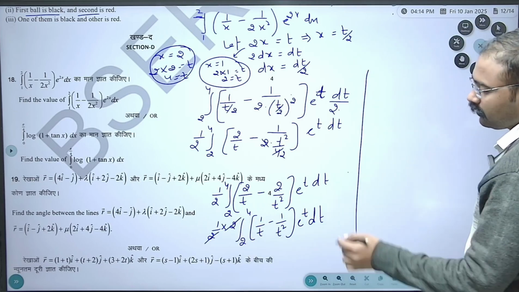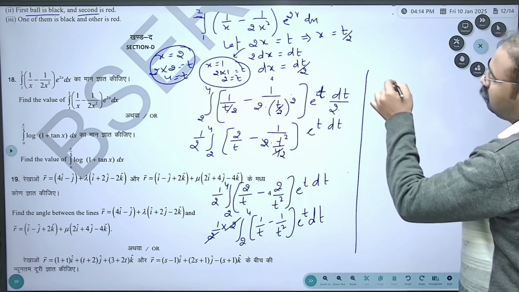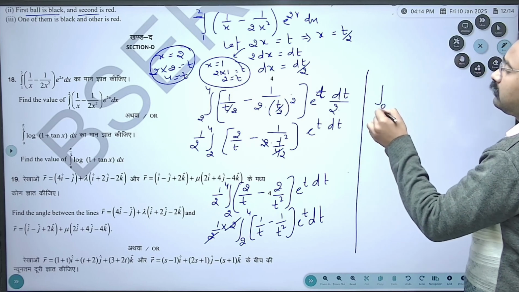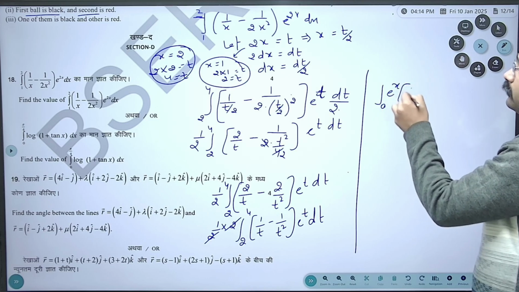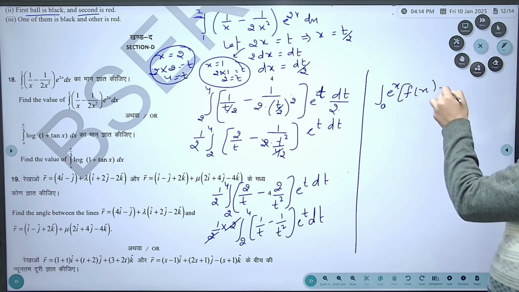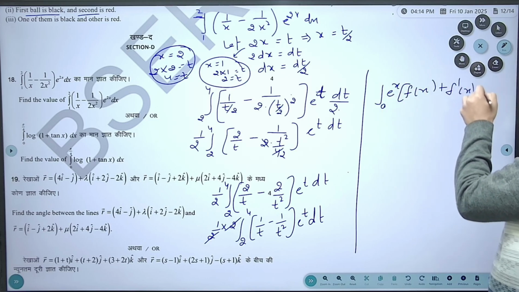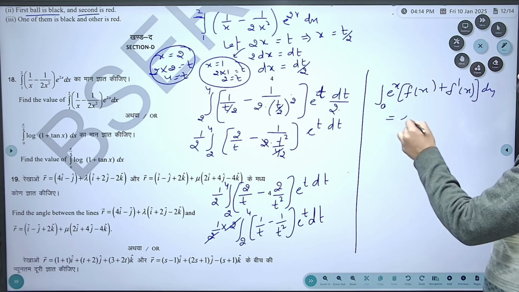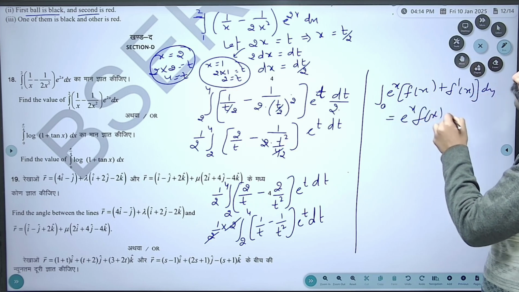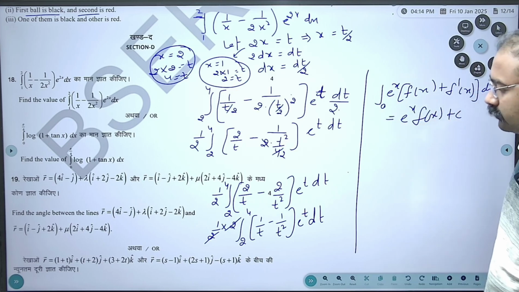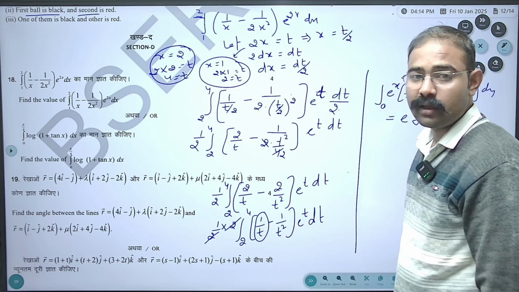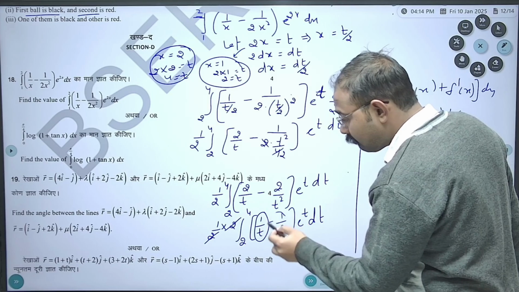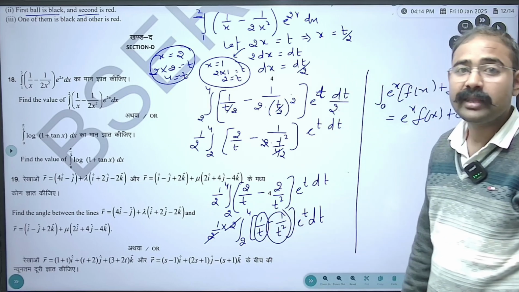Now we know that the integration of e raised to the power x times (f(x) plus f dash x) dx will be e raised to the power x f(x) plus c. Same here. Here this 1 upon x is our f(x) and its differentiation minus 1 upon x square is our f dash x.